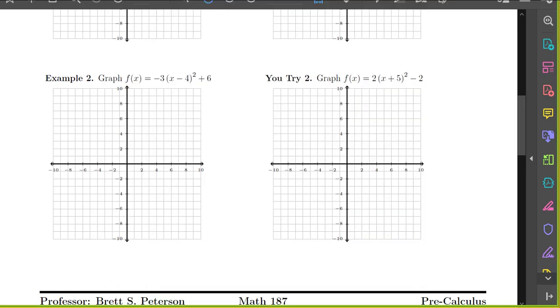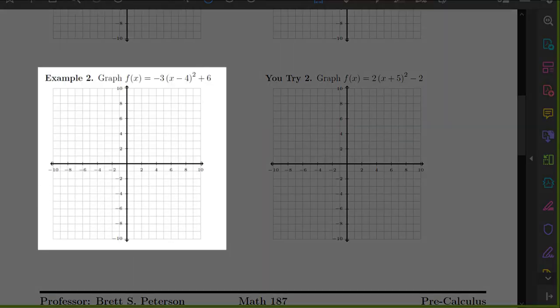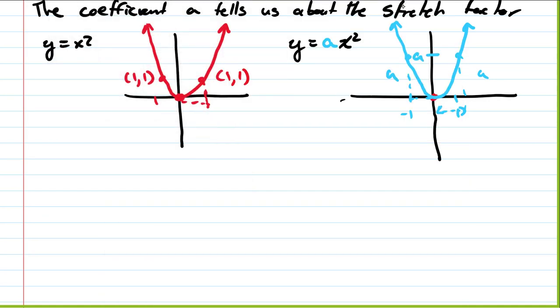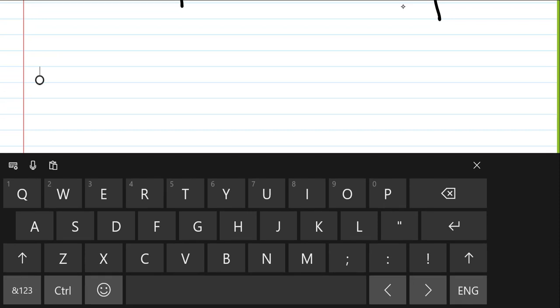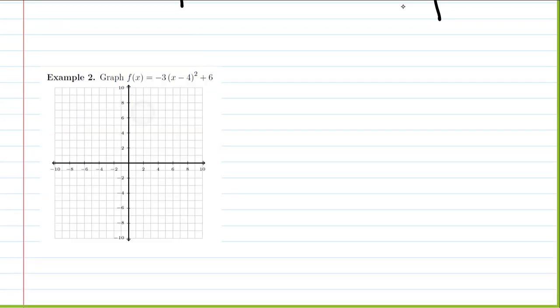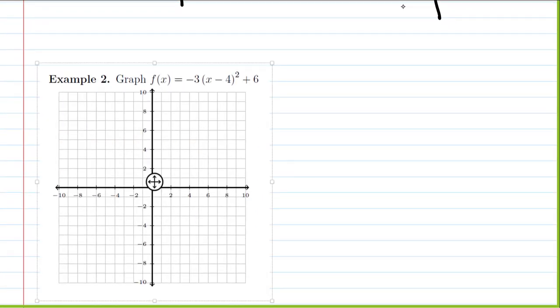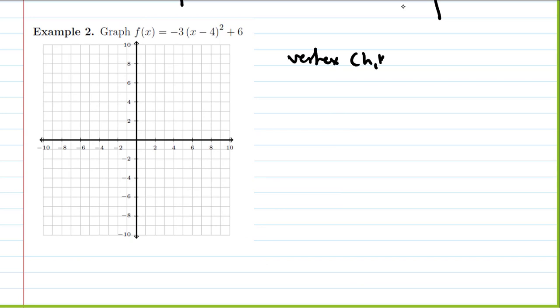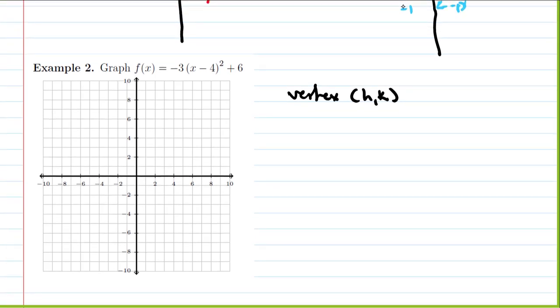So let's go ahead and do that in example number 2. So we wish to graph this parabola. So immediately when we look at it, we know where our vertex is. Our vertex, h comma k, is going to be located at, and we have to be a little careful, a times x minus h squared plus k.